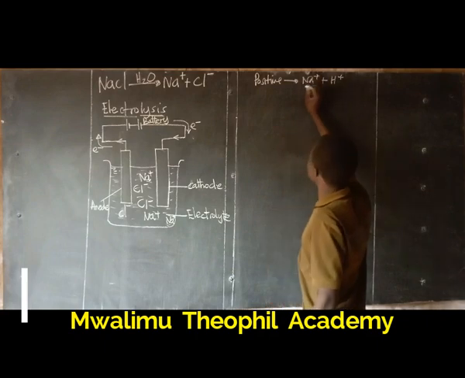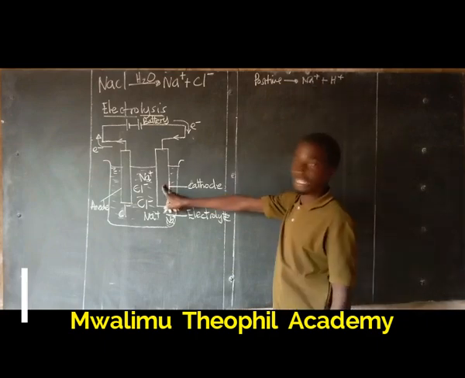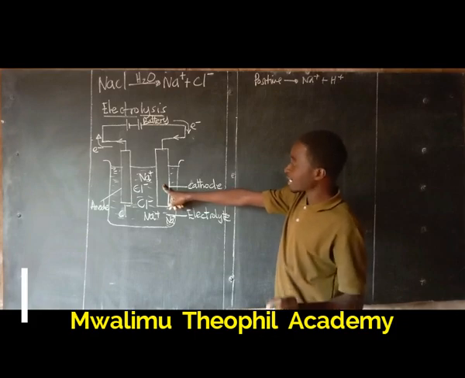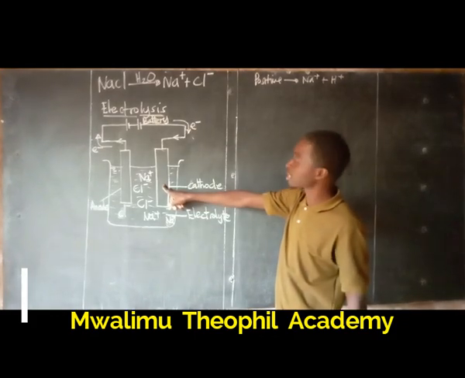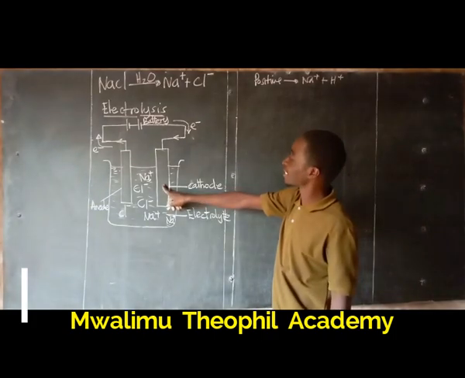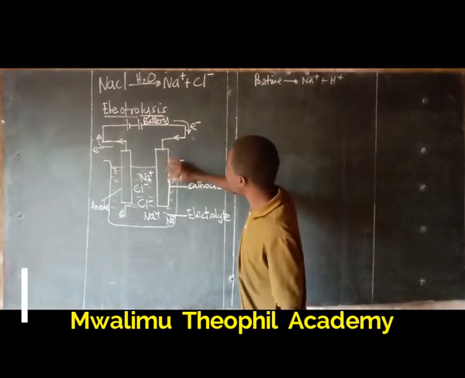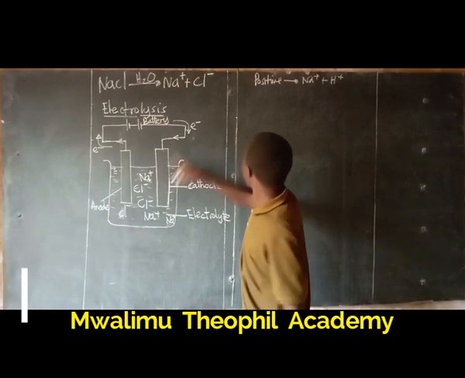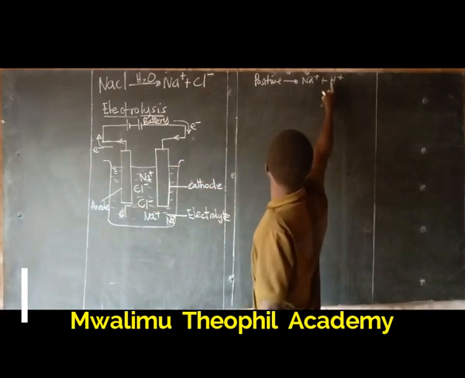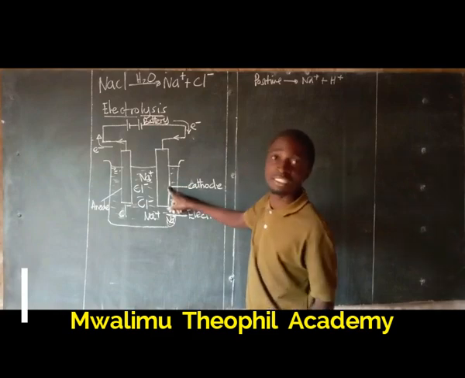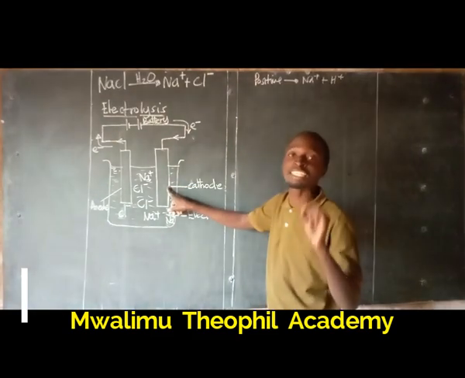So these migrate towards the cathode, and at the cathode the reaction which takes place is a reduction reaction, whereby either the sodium ion or the hydrogen ion, one of them, will be discharged.